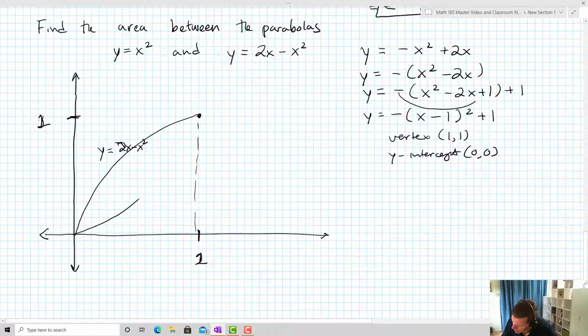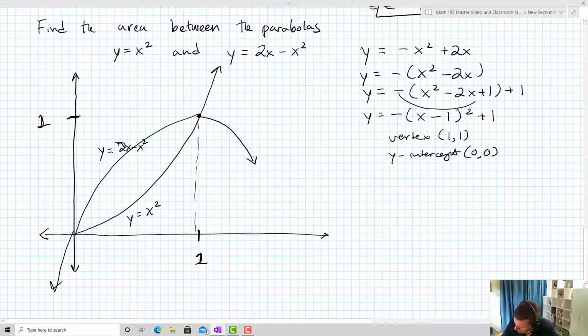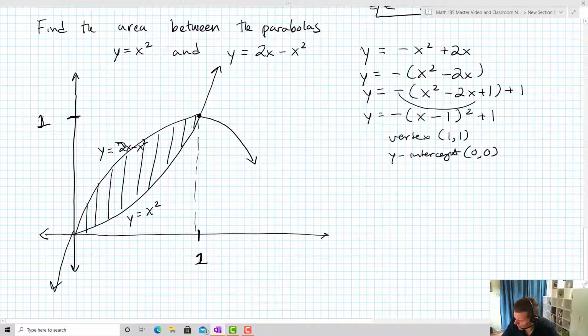Now y equals x squared is just going to look like that. There's your y equals x squared parabola. So what we're going to be looking for is the region bounded by these two curves.